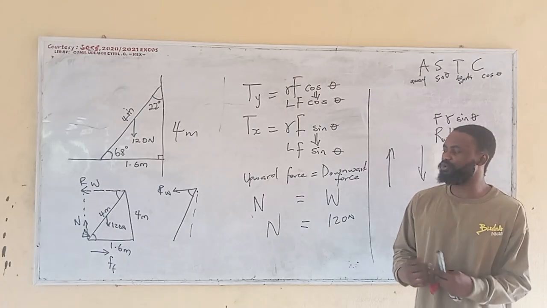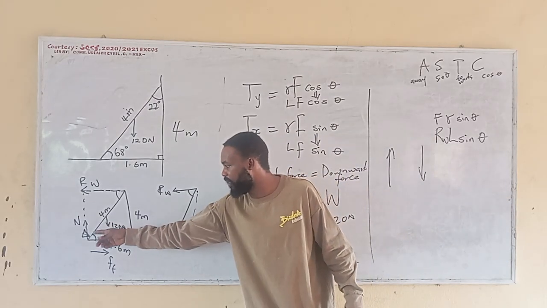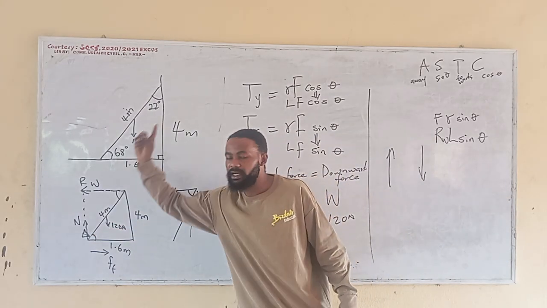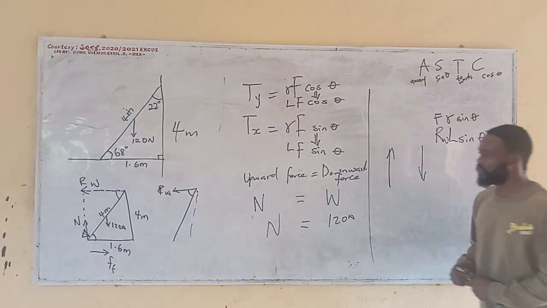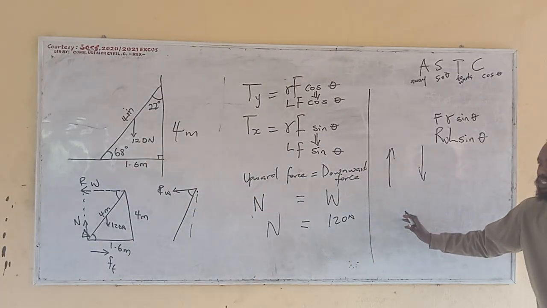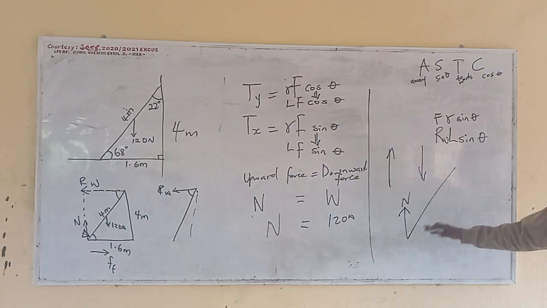But if I want to prove it, like let's say, get how we, should I say, Y, that is vertical, is cos theta. So that is why I will not do this now. Notice that if I look at that thing well, let me take the force away and take the ladder. You see that this is N, and this is that ladder that is 4 meters. Is it not what you're saying?